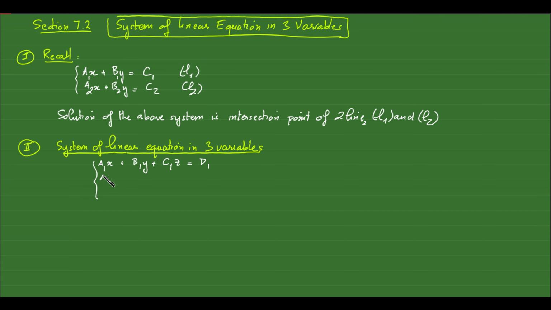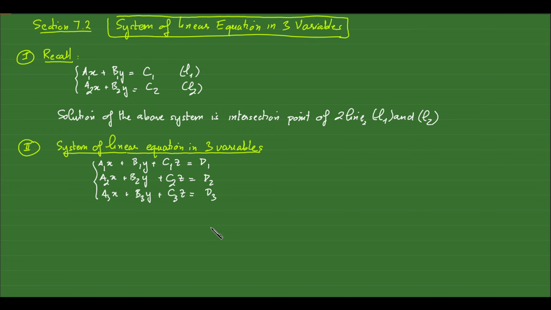And we combine with a2x plus b2y plus c2z equals d2, and we have a3x plus b3y plus c3z equals d3.